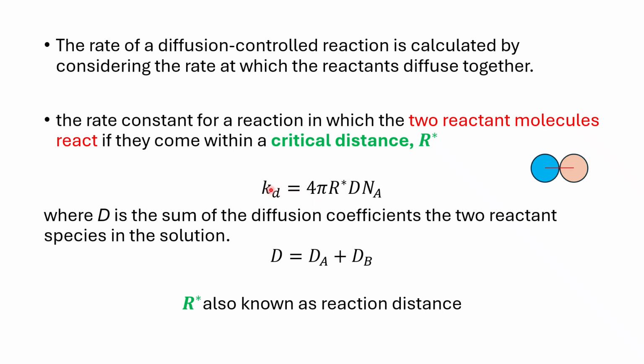The rate constant can be quantified using the equation given here, where we have 4 pi multiplied by the reaction distance, multiplied by the diffusion coefficients for both reactant A and B, multiplied by the Avogadro constant. D here is the summation of the diffusion coefficients for reactant A and reactant B in the solution.